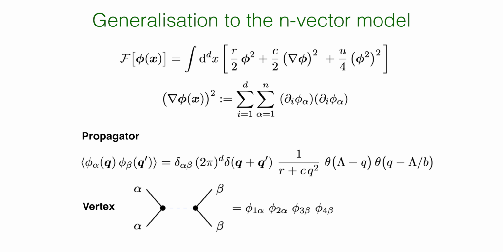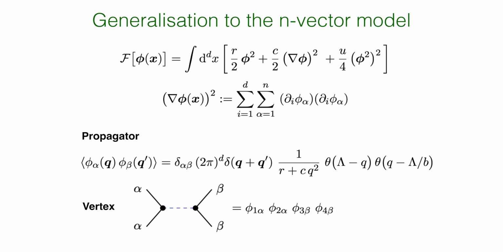What I also need to respect is rotational invariance in space. And therefore, when we look at the gradient term, I simply write it as gradient phi. What I really mean is written out here in explicit detail. So what I mean is a sum over all space. So i is the index going from 1 to d, so let's say 2 or 3 or 4 dimensions. And the index alpha that we have here runs from 1 through n. That's, as I said, the index for the vector field: 1 Ising, 2 XY, and 3 the Heisenberg model.